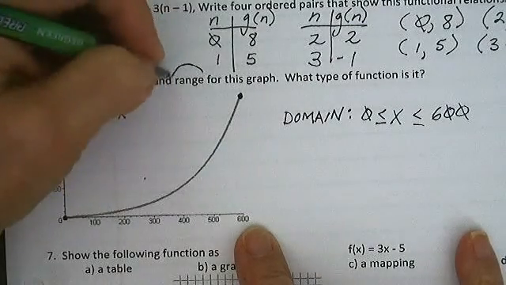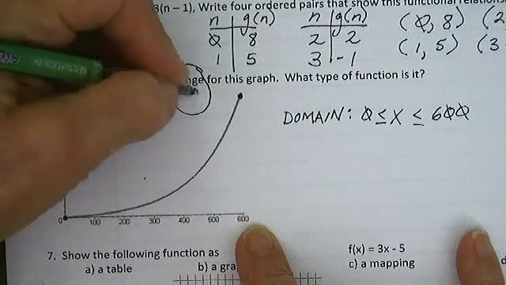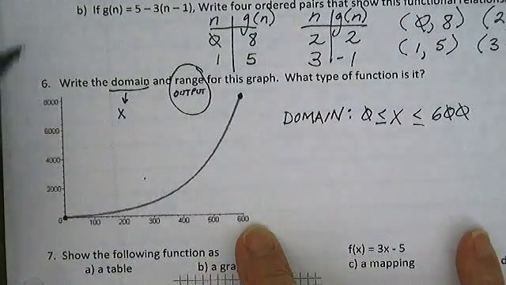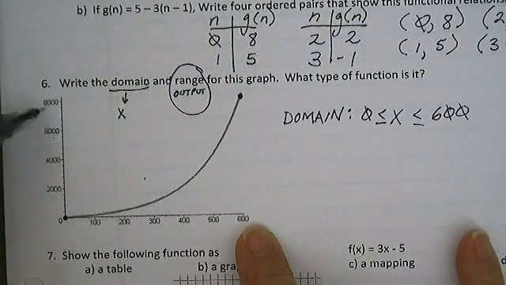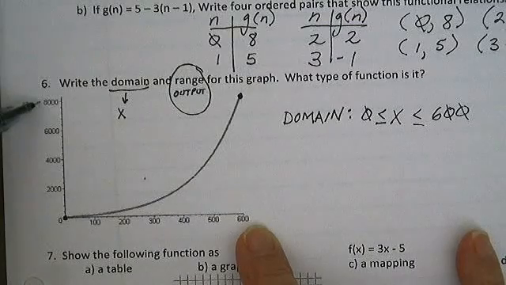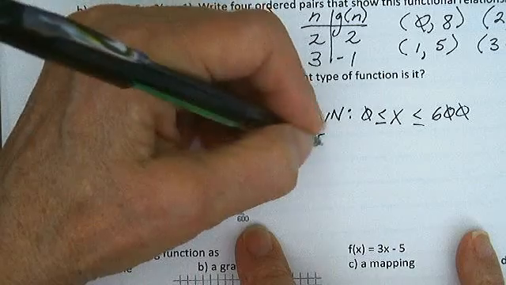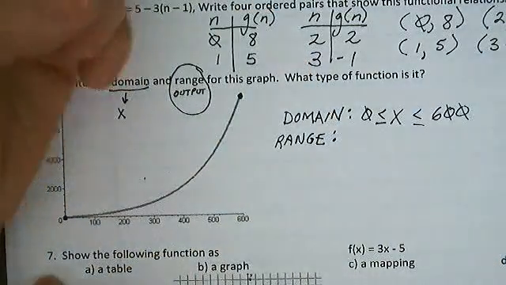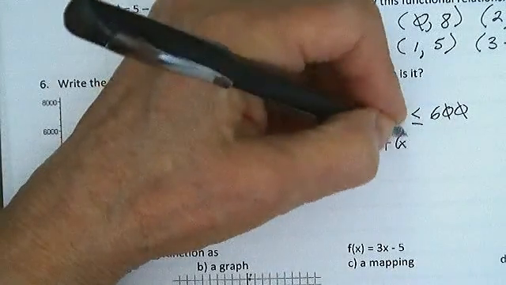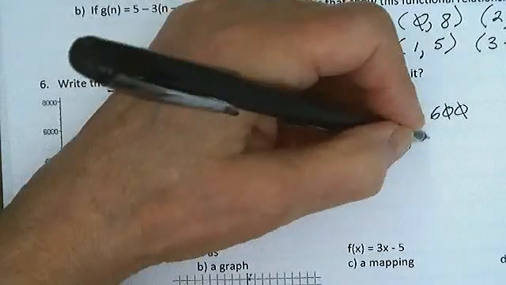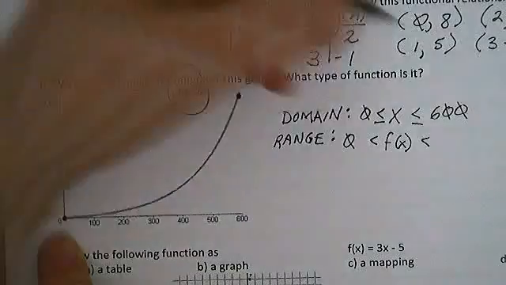Now I have to look at the range, which is all possible values of output. Well, my range starts at 0 and it goes all the way to 8,000. So my f of x, or my output, is going to be between 0 and 8,000.